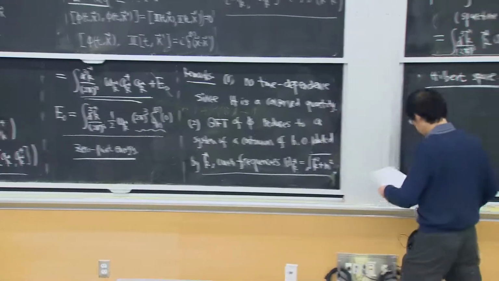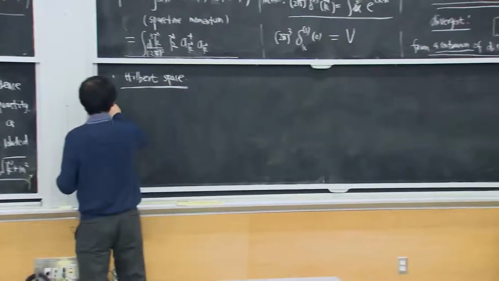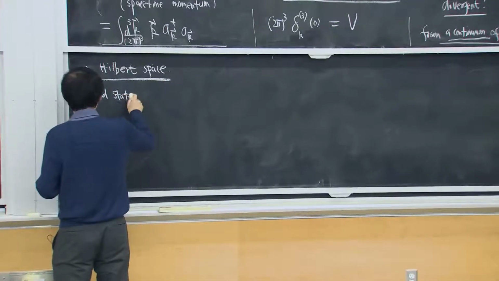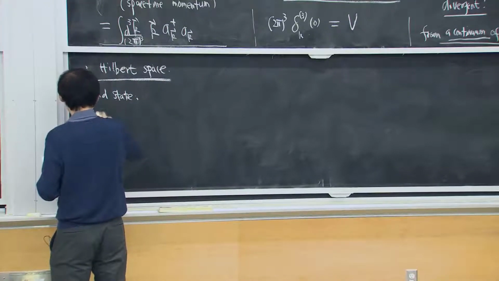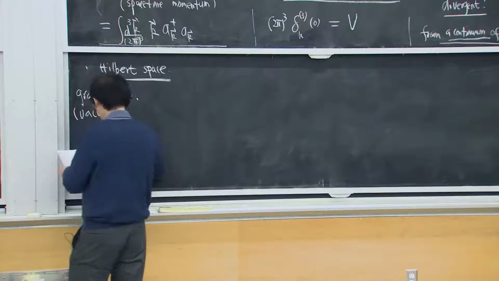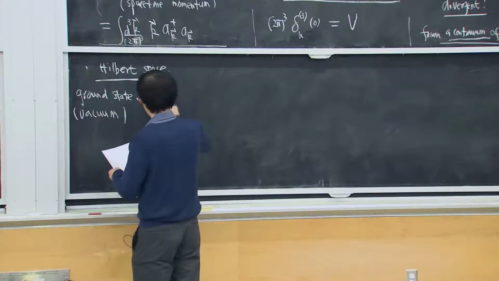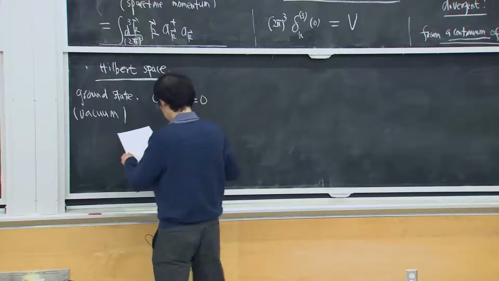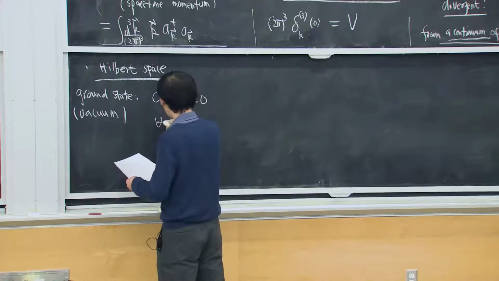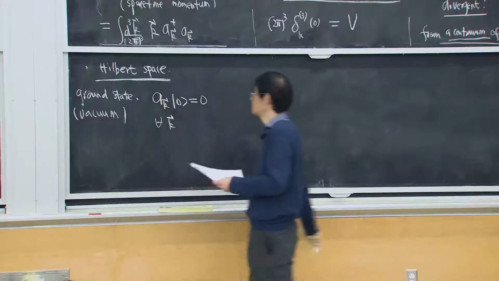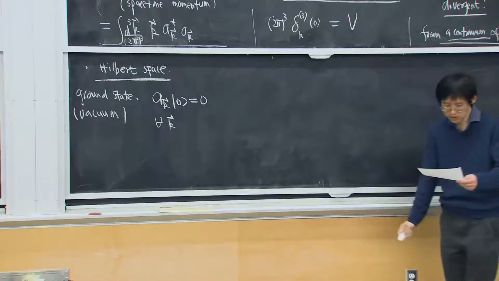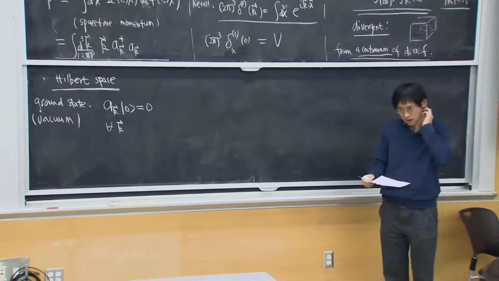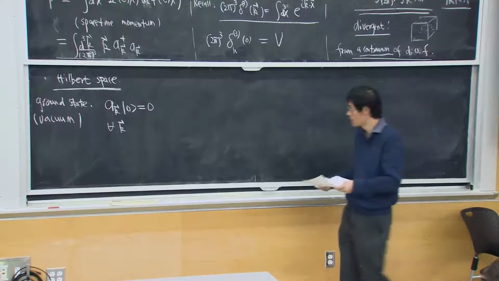The lowest energy state, the ground state, which we often call the vacuum state, meaning there's nothing there, is defined by a_k acting on 0 equal to 0 for any k. So the ground state, which I denote by 0, is annihilated by this a_k.